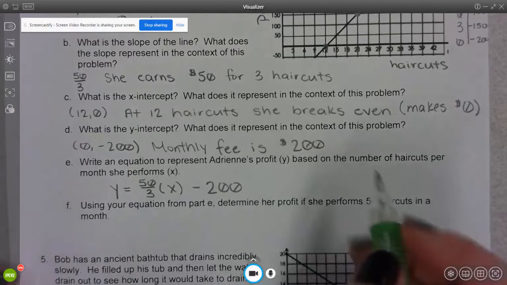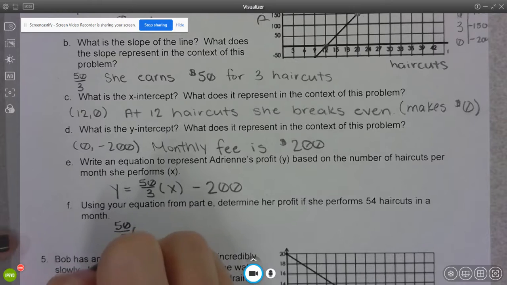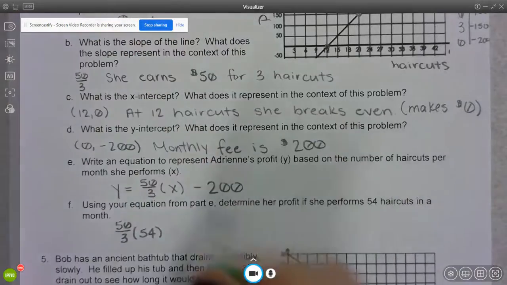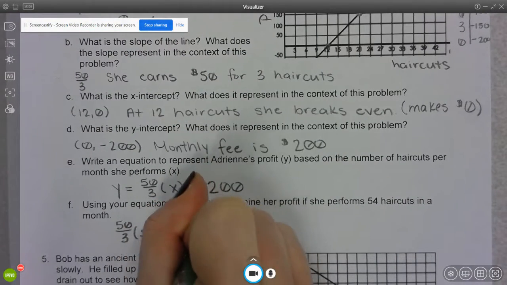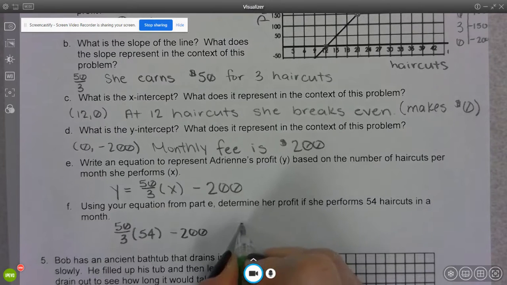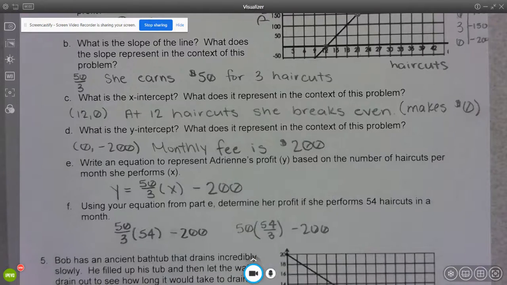And she's going to perform 54 haircuts in a month. So I'm going to do 50 thirds times 54, minus 200. And remember, I can rewrite this as 50 times 54 thirds minus 200. Well, 54 divided by 3, I can do that, and that would be 18.